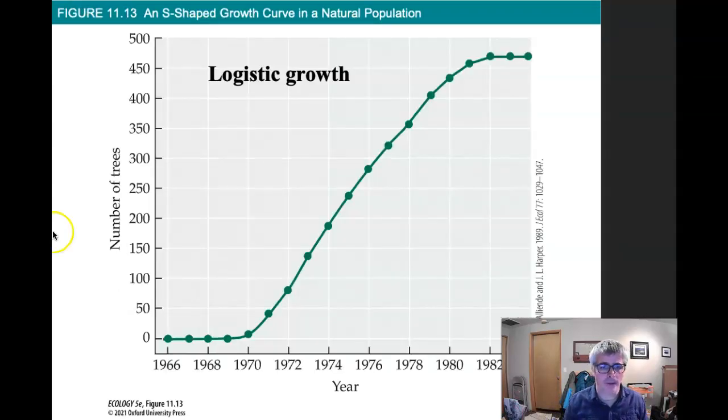And so here's an example of number of trees in an area. You can say it was heavily grazed. Some trees colonized the area. The first trees that came in had a lot of success, grew quickly. Their young then started growing and growing and growing until some limitation happened.